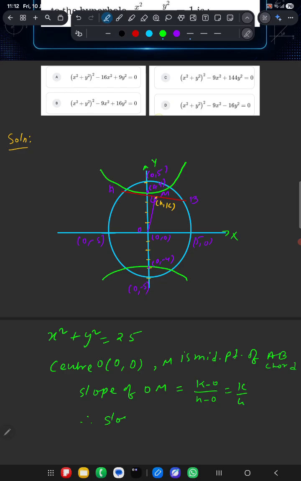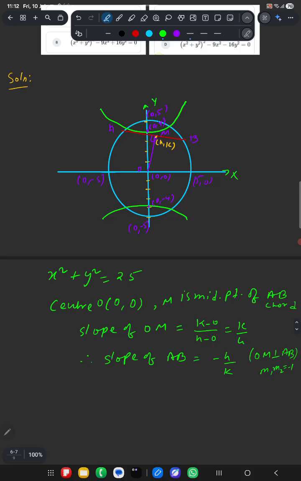Therefore, the slope of chord AB will be minus h upon k. Why? Because OM is perpendicular to AB, therefore the product of the slopes of two perpendicular lines is minus 1, for that reason. Okay.